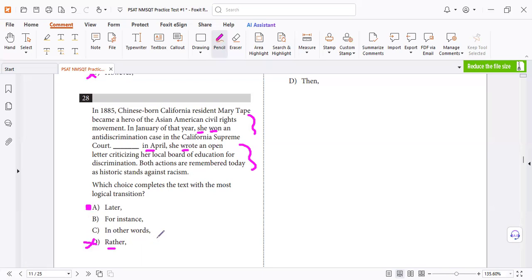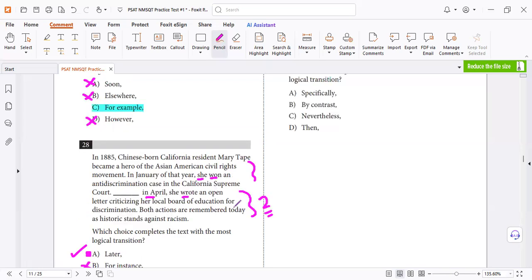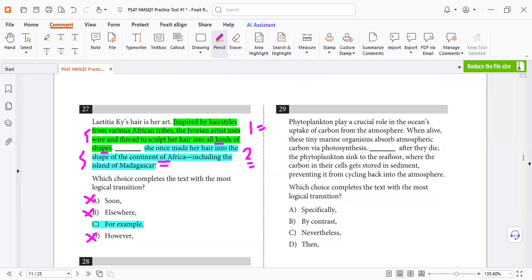In other words, means similarity. Is he going to explain the same idea again? No. Is it an example? No, of course. It's different ideas. So we have sequence of actions. So later, as you know, like soon, after time, this way. Number 29 must be letter D.